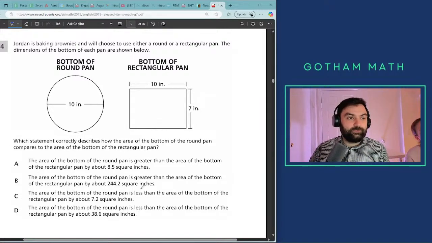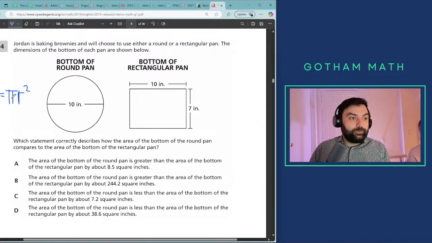So, a lot of words, and all they could have asked is what is the difference between their areas? The first thing we need to find the area of this circular pan is the area of a circle, which is area equals pi times radius squared.